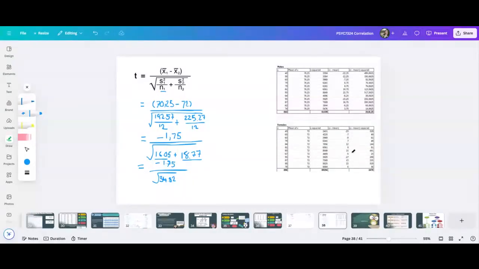Sounds about right. Lovely. Okay, then you can just do this last one in the final step. And I hate running out of space, but let's break it down. So what is the square root of 34.82? Anyone? Okay, 5.90 or just 5.9.